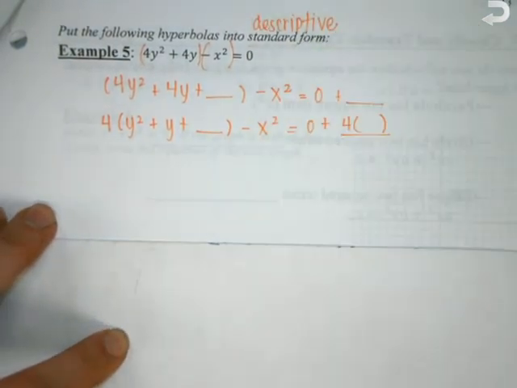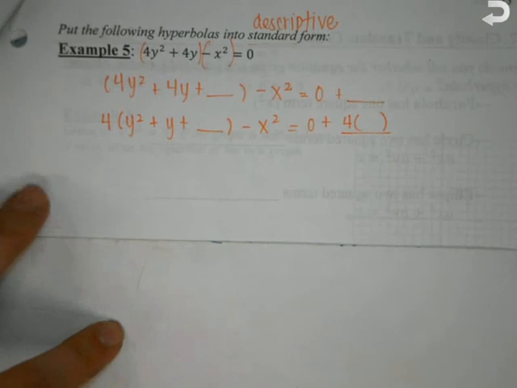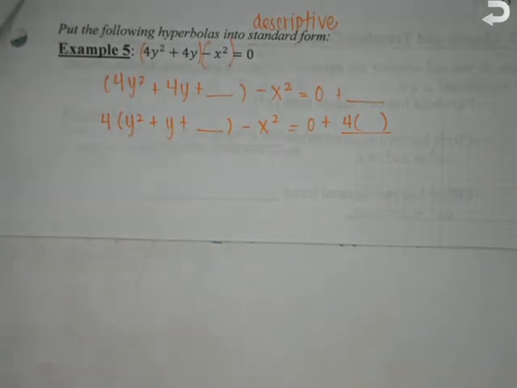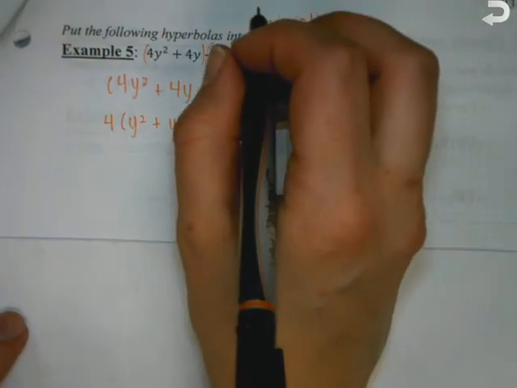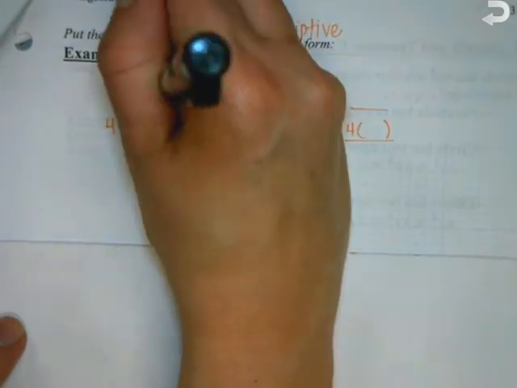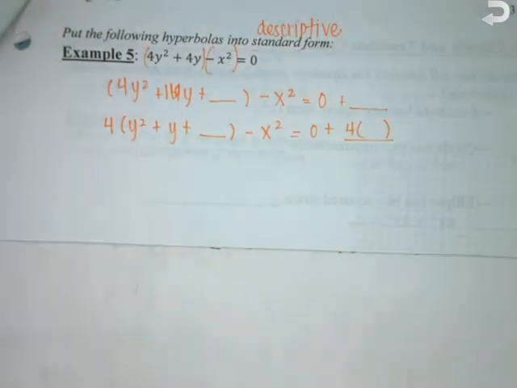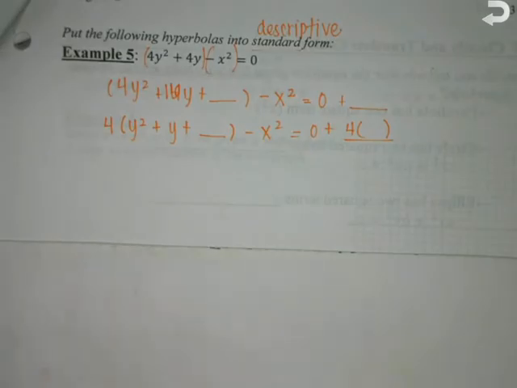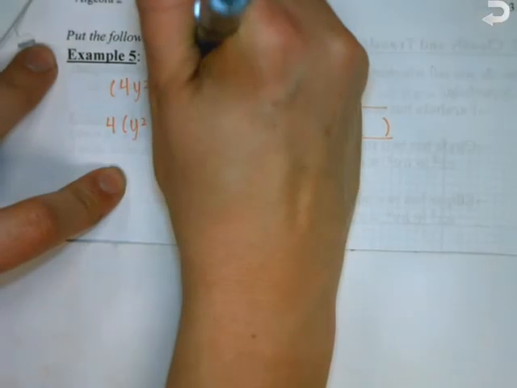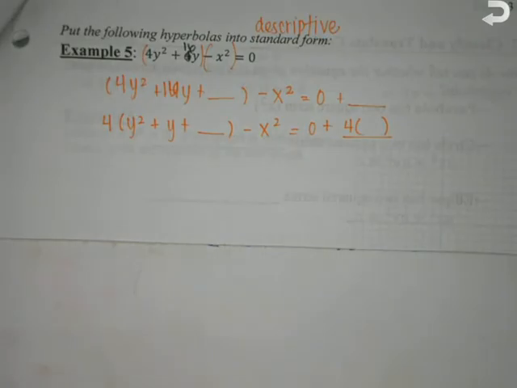Oh, I'm sorry, guys. Change that 4y to a 16y. That's going to make our work a little easier. So after I factor out a 4, it's going to be 4y. Okay, so the problem had a typo. It was supposed to be 16. So now what goes in the blank? 4.